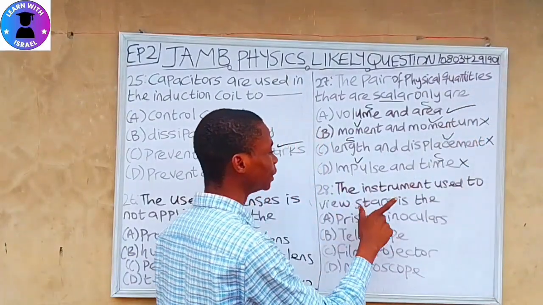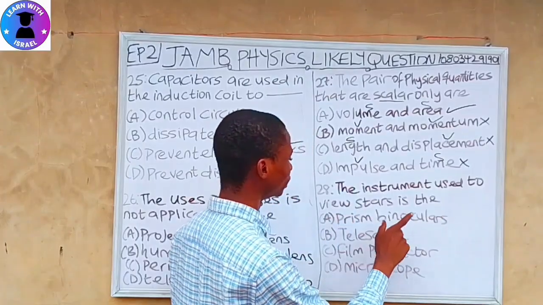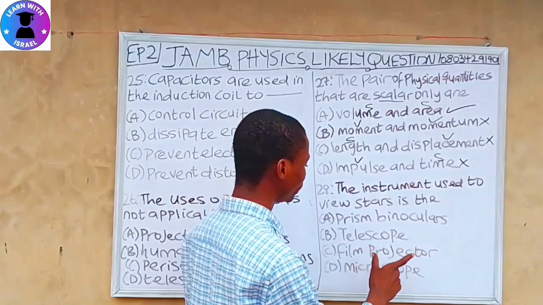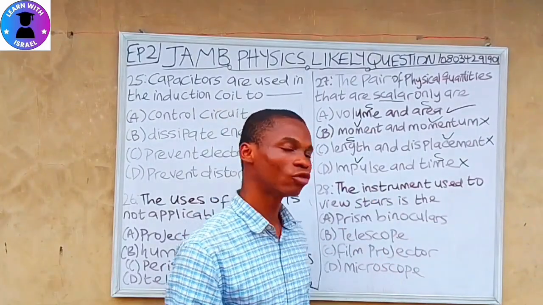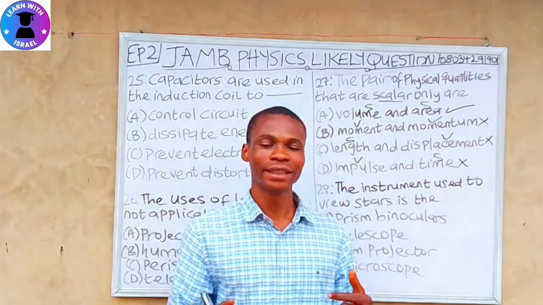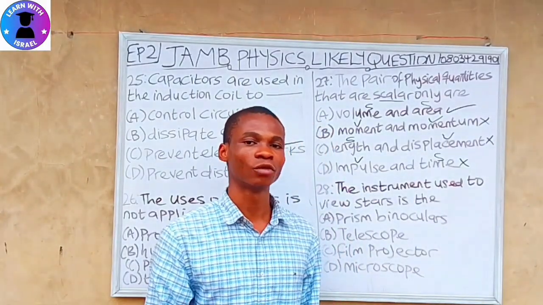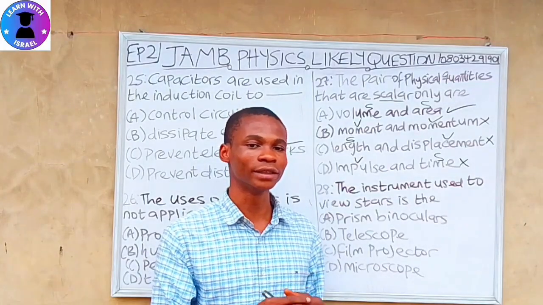Question 28. The instrument used to view stars is the dash. A. Prism binoculars, B. Telescope, C. Film projector, D. Microscope. I explained earlier that the instrument for viewing stars is the telescope. With the help of convex lens, it is used for viewing stars.